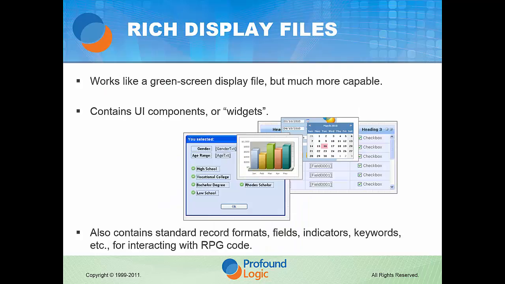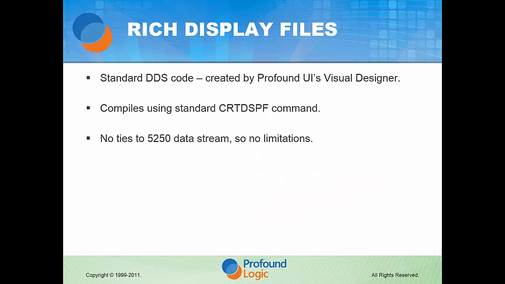So a rich display file is obviously much more capable than a green screen display file. You can have components like widgets, like charts, graphs, checkboxes, text boxes, drop-downs, buttons, etc. to form the interface. But it also has standard record formats like fields, indicators, keywords, those things that are required to interact with RPG code.